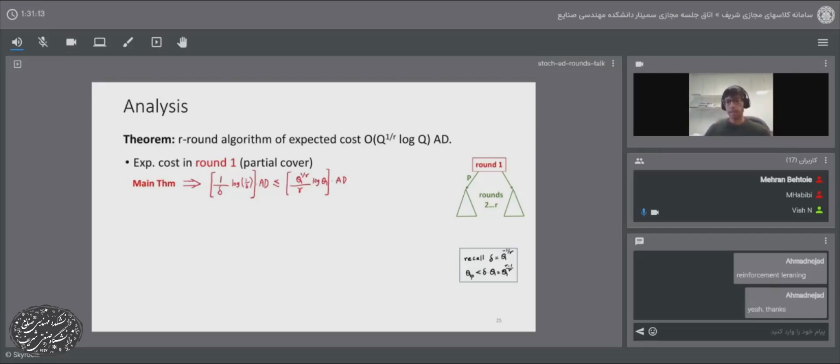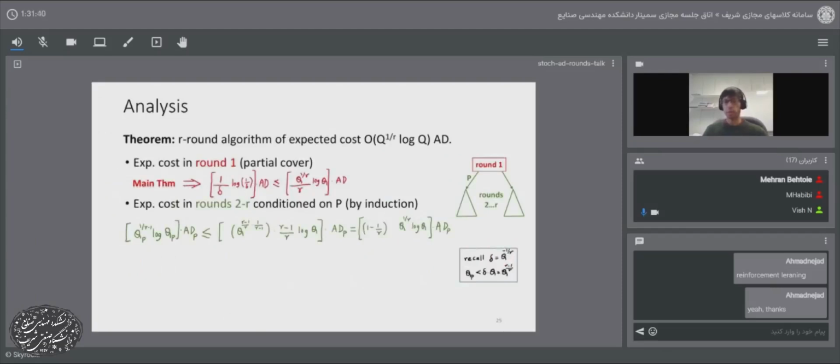And we are setting delta to be this value, q to the minus 1 over r. So if you plug that in, the expected cost in round one is going to be this quantity in red over here, q to the 1 over r times log q divided by r, the whole thing multiplied by the adaptive cost. So that's the cost incurred in round one.